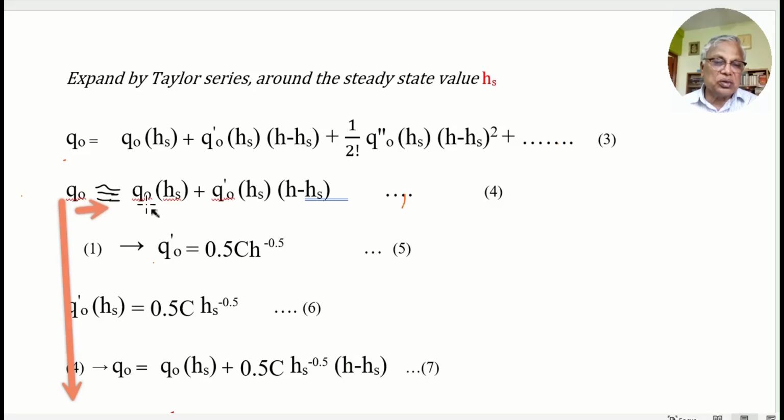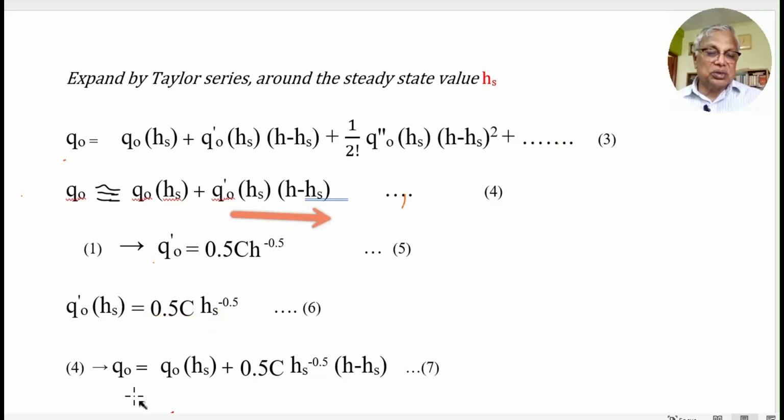Q naught equals Q naught at h's plus, instead of this, I substituted 0.5 c h's power minus 0.5, into h minus h's. So equation 4 now becomes Q naught equals Q naught at h's plus 0.5 c h's power minus 0.5 into h minus h's, right?